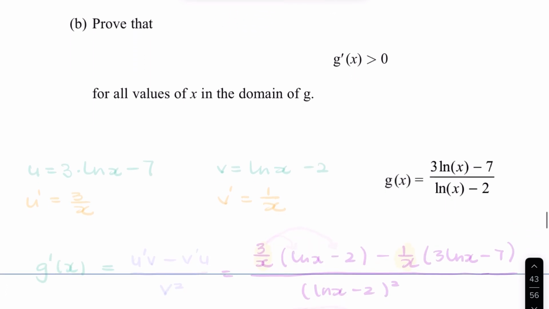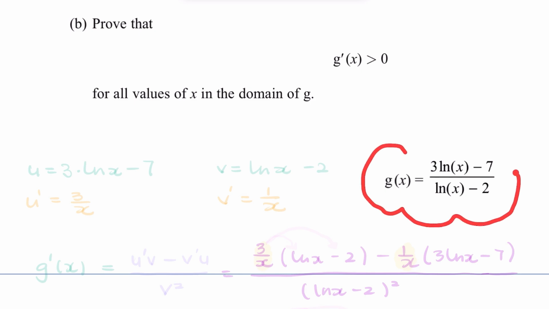The question goes on to say, prove that the derivative of g is greater than 0 for all values of x in the domain. So we now need to differentiate g of x. It's a quotient, so clearly we're going to have to use the quotient rule.